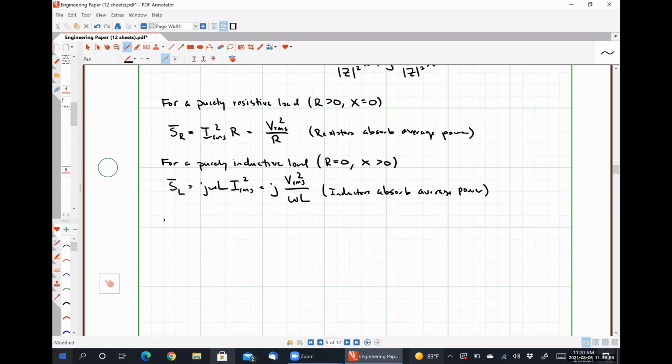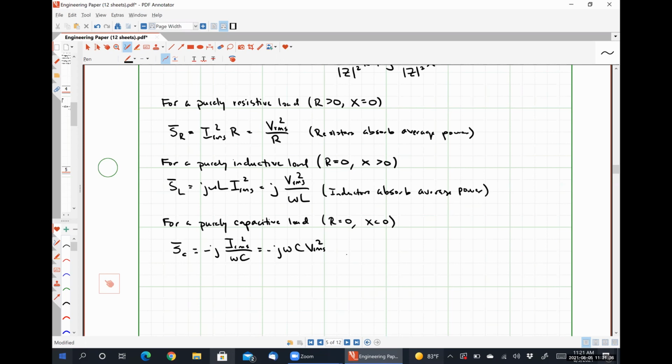And finally, for a purely capacitive load, where R is equal to 0 and X is less than 0, we have SC is equal to negative J times IRMS squared divided by omega C, or alternatively, negative J omega C times VRMS squared.